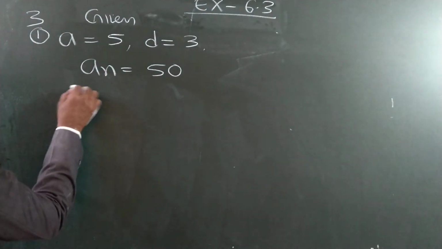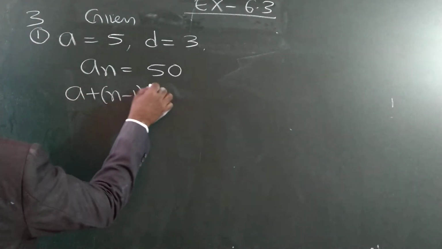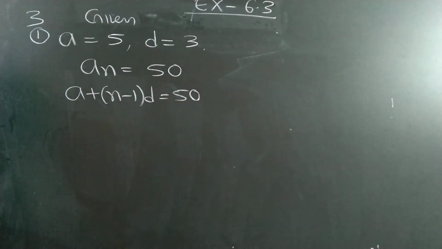a is given, d is given, so an is given. What is the formula for an? a plus n minus 1 into d. That's all.